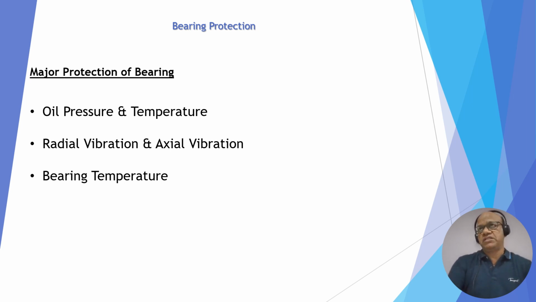Some manufacturers give 115 degrees as an alarm and 125 degrees as a trip. So it depends on the manufacturer and type of construction of the bearing, but it is very important to know that if the temperature becomes very high, the babbitt material gets softened, and there is a chance that the bearing babbitt can get damaged, and that is why you should have bearing temperature protections.